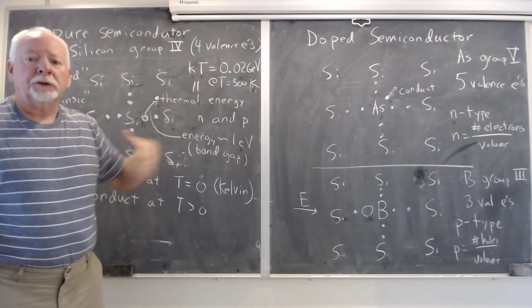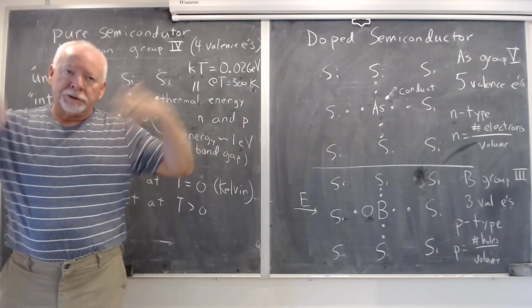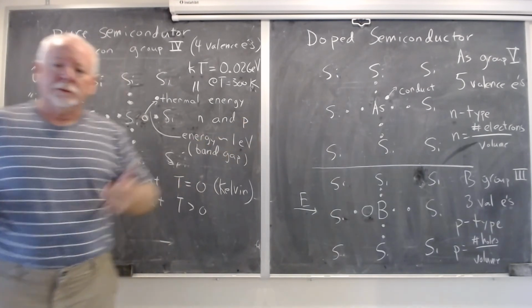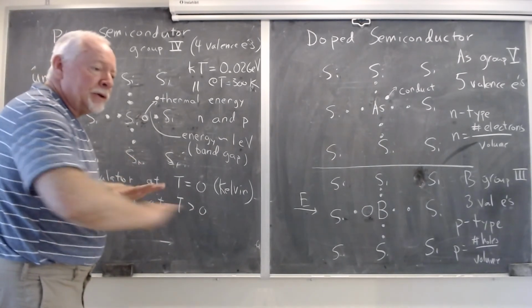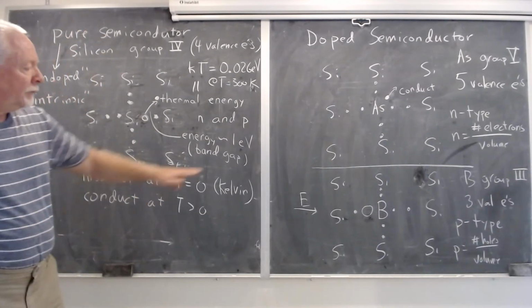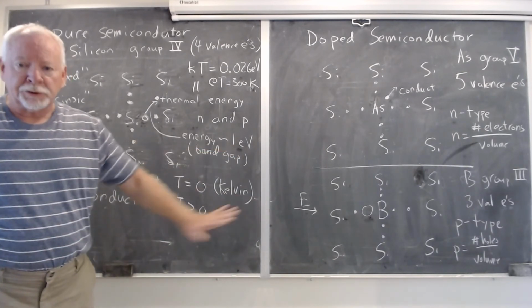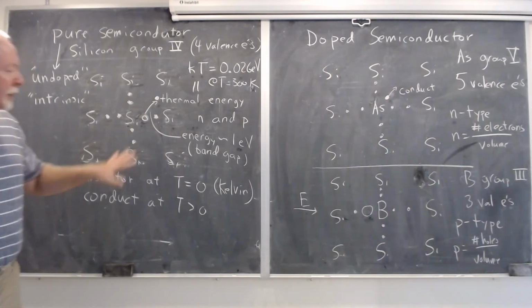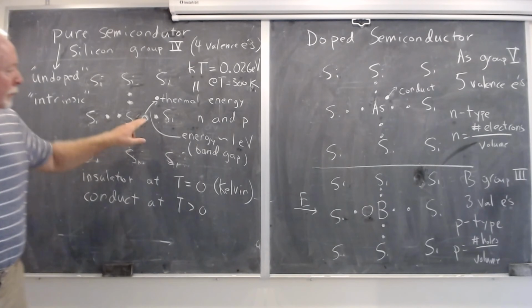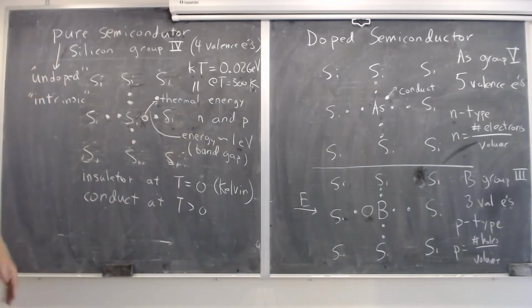Just like the air molecules in this room, the average energy is whatever it works out to. Same thing here: there'll be a very small probability that some electrons will have that much energy, just because there's a whole distribution. So we could talk a lot more about that, but it means that there's a very small amount of these, n and p, that happen at room temperature.